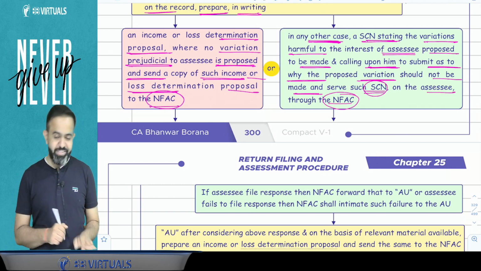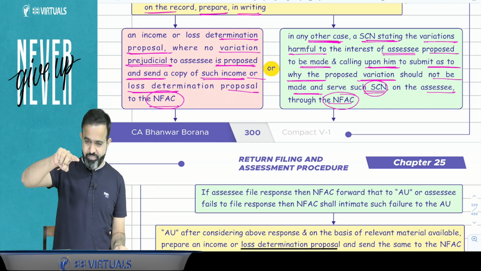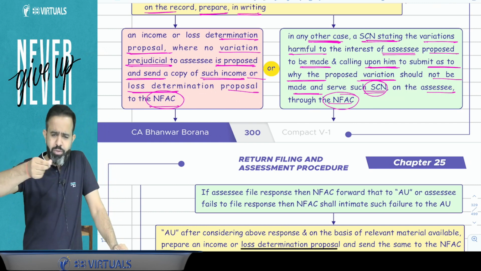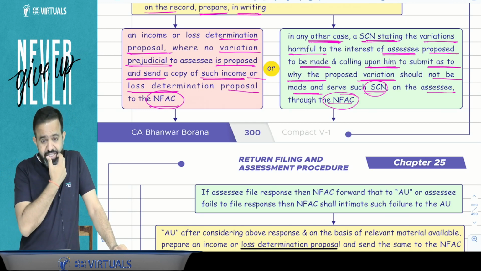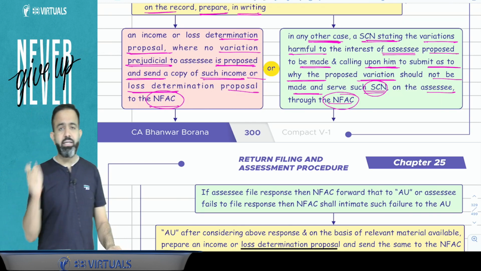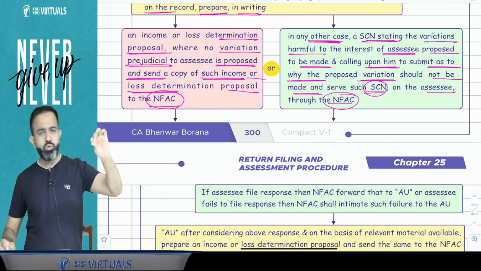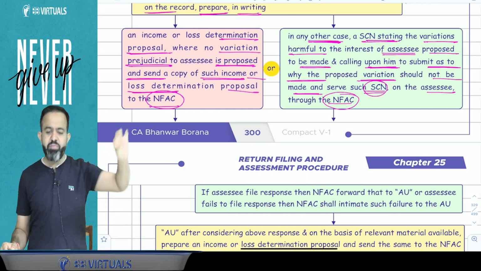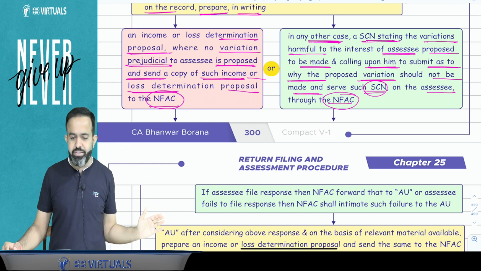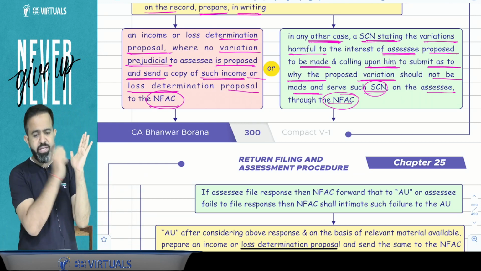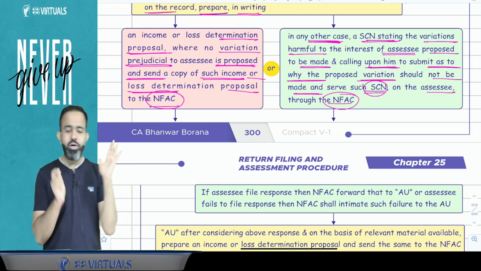So suppose they are making a variation that is harmful for the assessee, then the assessment unit will prepare one show cause notice and send it to the NFAC. NFAC will send that show cause notice to the assessee, with the variation we are going to make in your assessment.